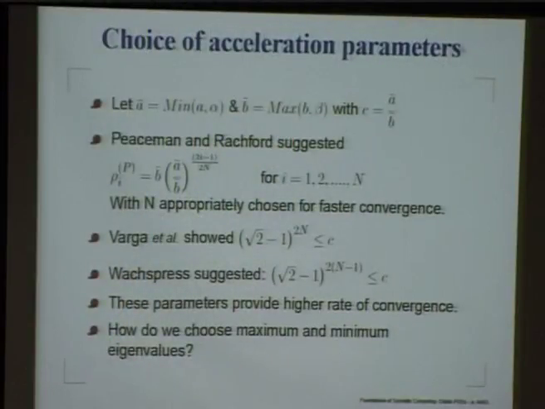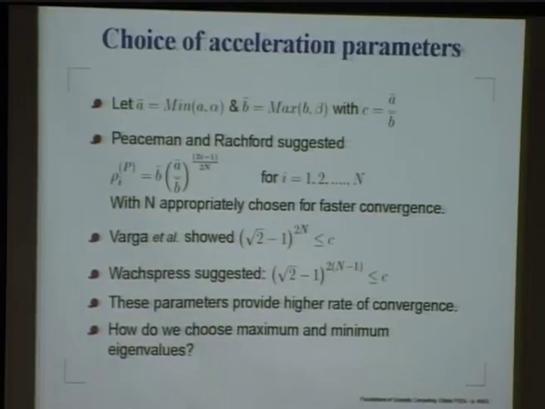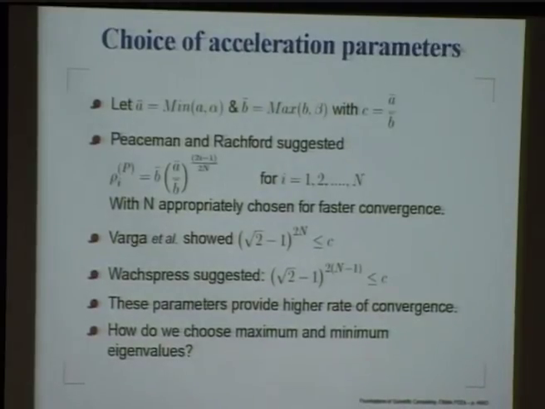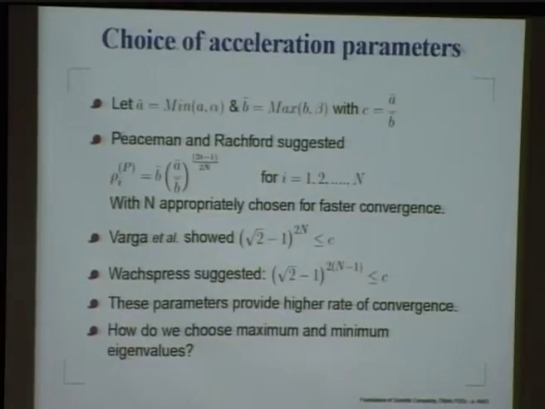And how do we do it? Well, we want to automate. So, what we try to do is find the minimum of a and alpha and call that A bar, and the maximum of b and beta that we call B bar. We can find their ratio, which is something like your stiffness ratio, right.